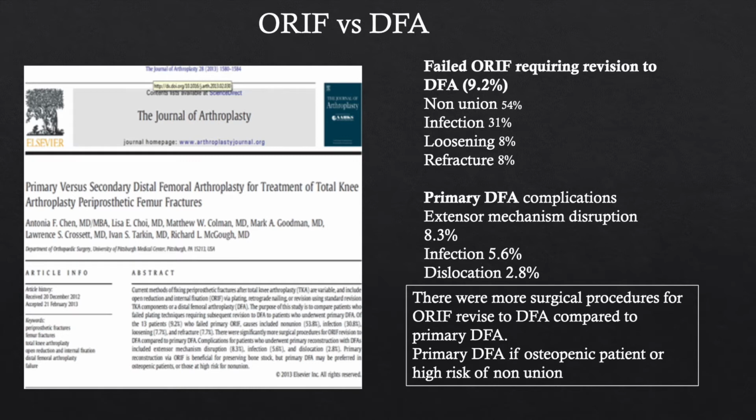So we bear in mind that if we choose to fix, the papers will all say you have a higher chance of further surgical procedures as compared to a one-off distal femoral replacement. So the advice would be, if you have an osteopenic elderly patient with a high risk of non-union and who's not fit for multiple procedures, then perhaps a one-time or primary distal femoral replacement may be a better choice.